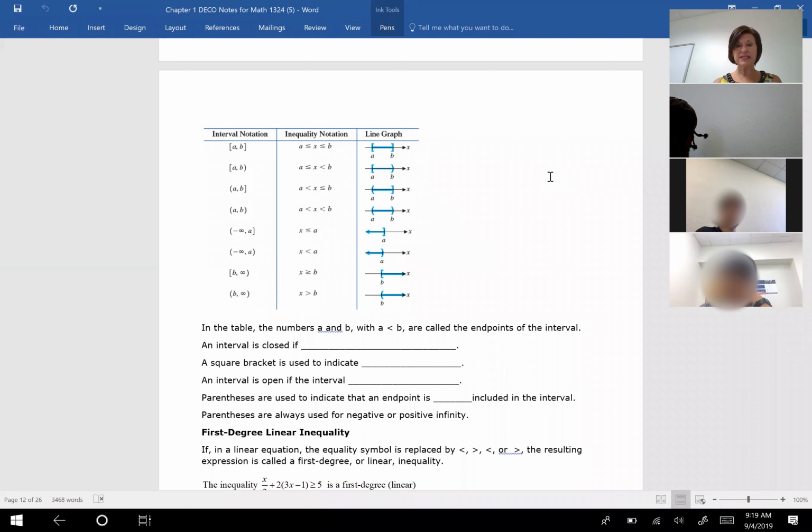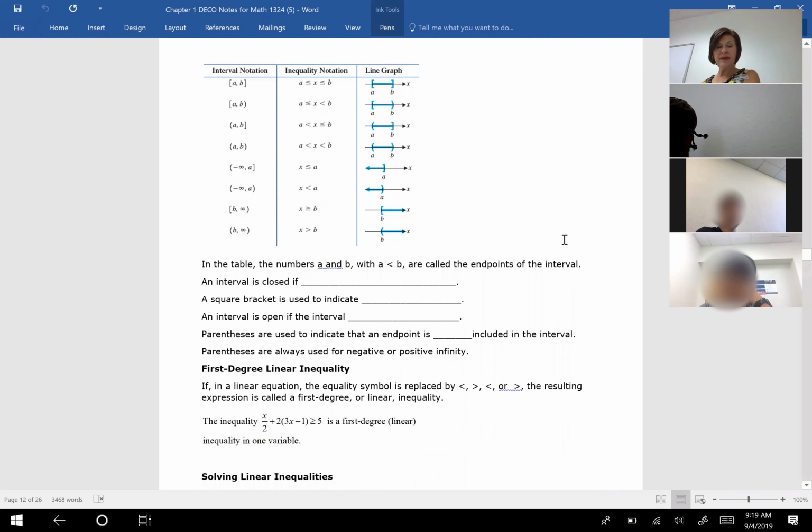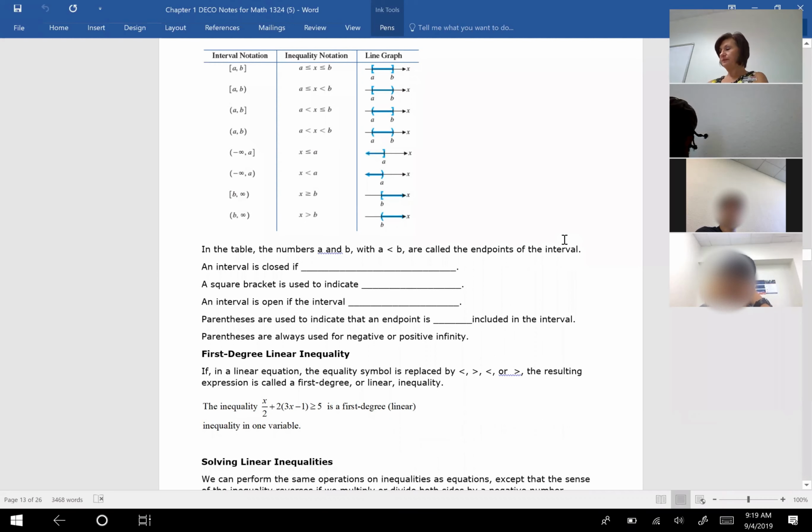Excuse me. So let's see if we can explain this in a way that would make sense. So an interval is closed if what is true? If it's closed, it means that it would have the bracket around it.